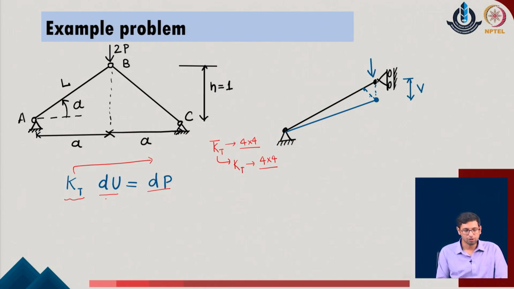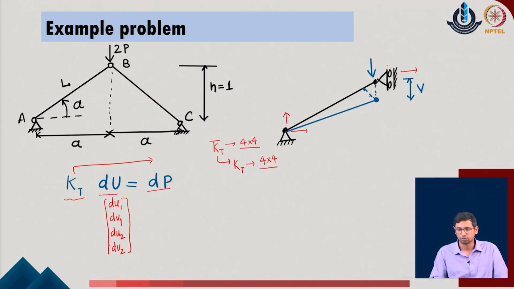So in general, d u contains the values of the displacement at the nodal points in the directions x and y, the global directions of the given system. So I can define it as d of u1, d of v1, d of u2 and d of v2. These are the 4 displacements which are located at the positions of the two end nodes of the given system.